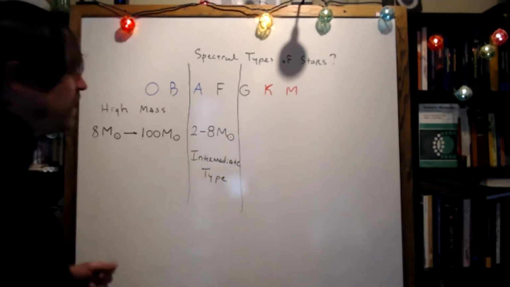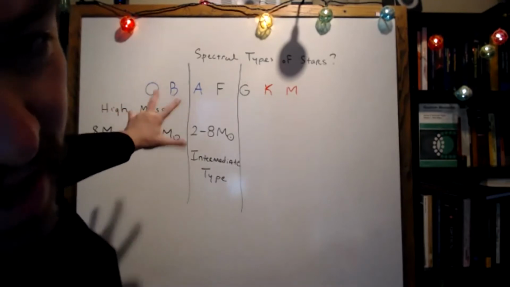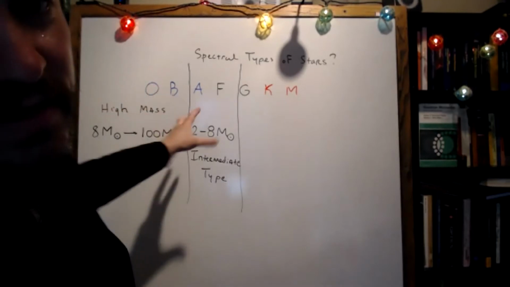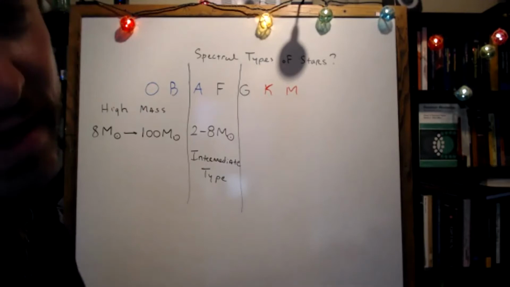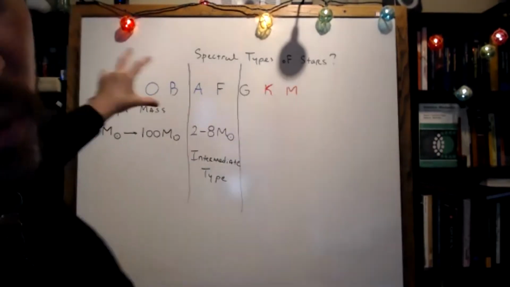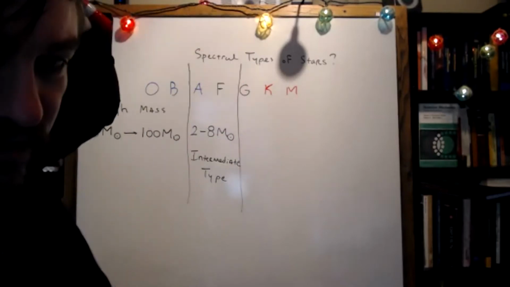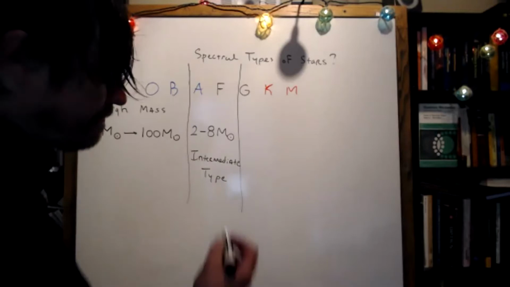We're not going to spend a ton of time on the intermediate type stars because it turns out they have some aspects of high mass star evolution and some aspects of low mass star evolution. So we're going to focus on contrasting what high mass stars do during their lives versus what low mass stars do during their lives in terms of fusion.